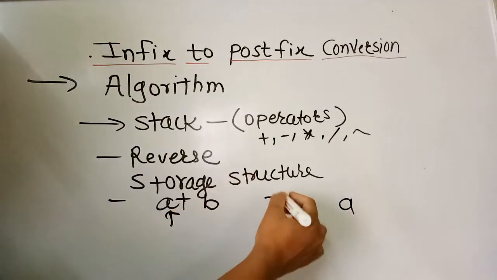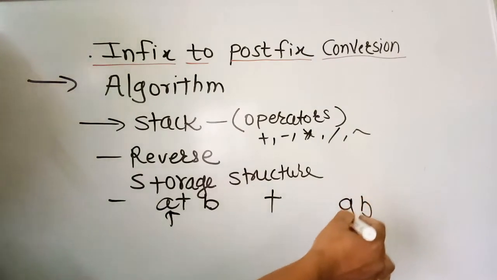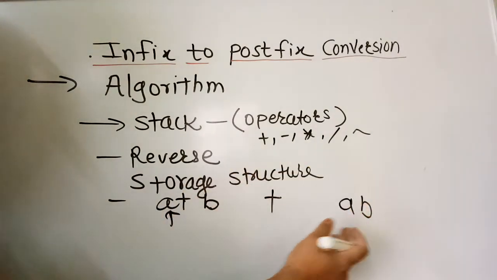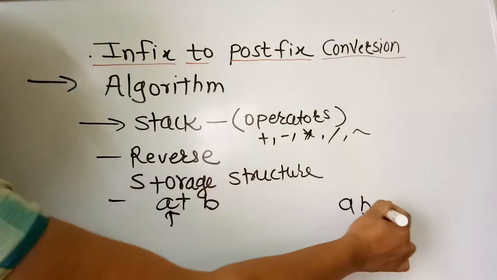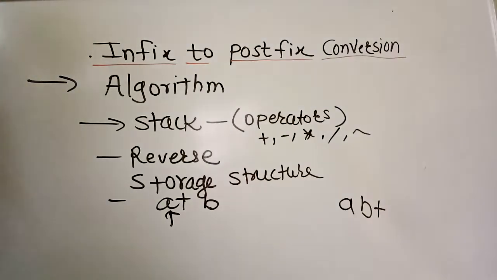If it is an operator, it goes on the stack. If it is an operand, it goes to the output device. And when both operands are on the output device, then this operator is popped from the stack and output on the output device. So this is the basic mechanism behind this algorithm.